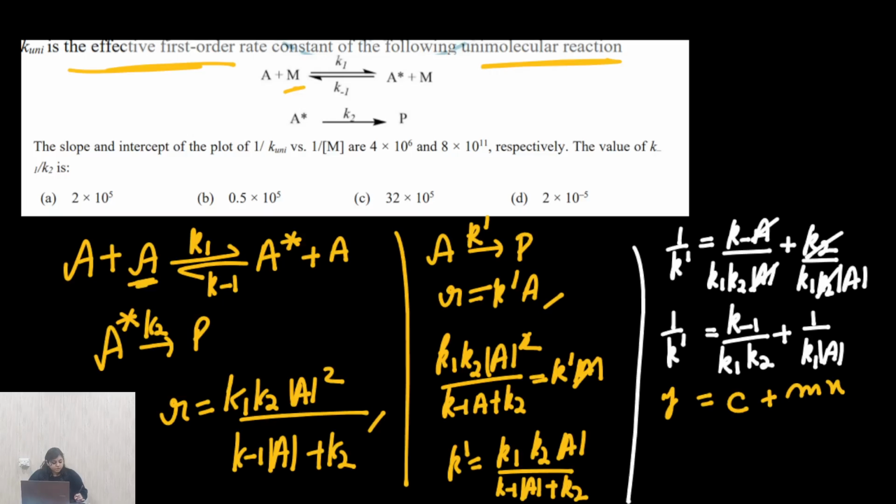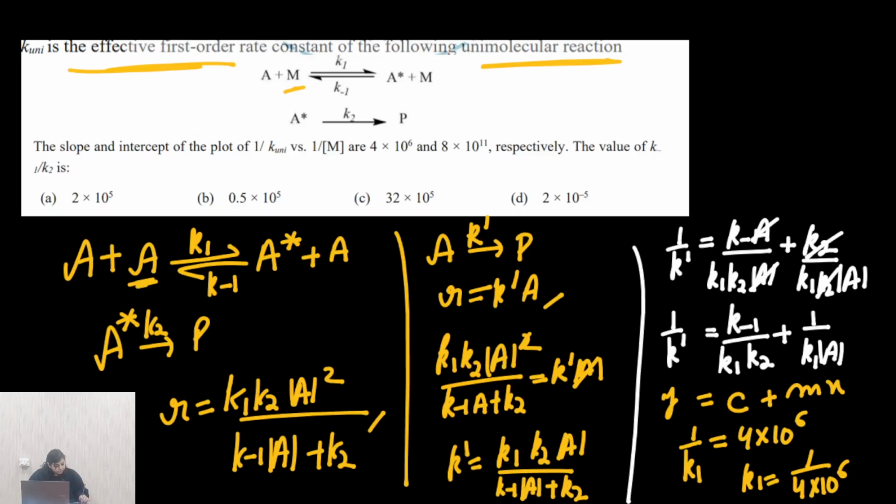For this one, the slope value we are getting is 1 by K1, which is given to us as 4 into 10 to the power of 6. So the K1 value will be 1 by 4 into 10 to the power of 6. We are asked to find the ratio of K inverse by K2. In the intercept we have K inverse upon K1 into K2, and the value of the intercept is 8 into 10 to the power of 11.